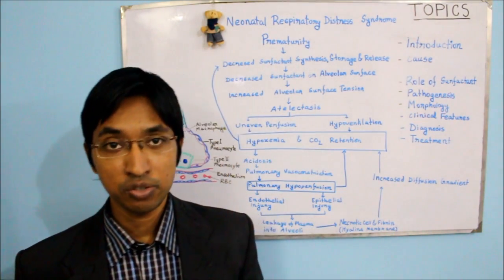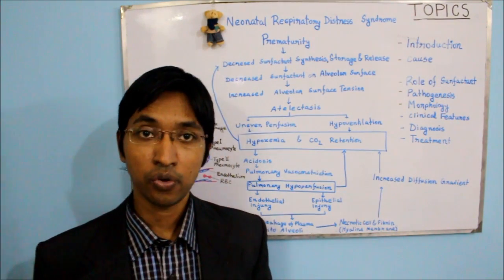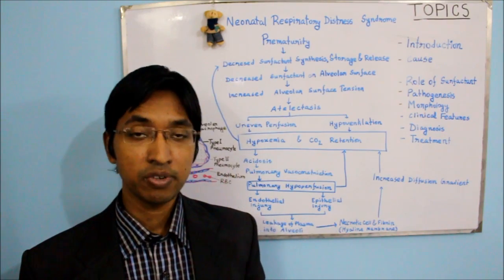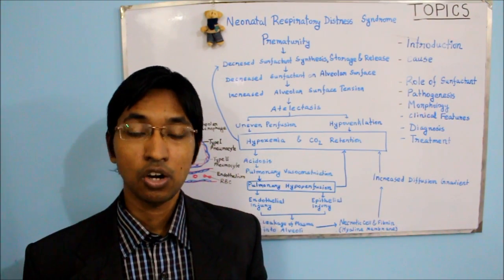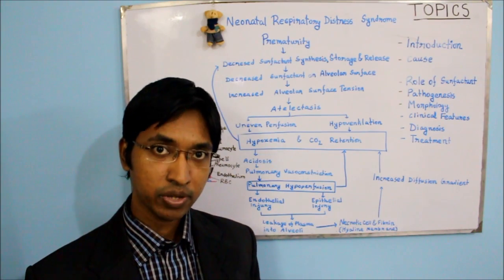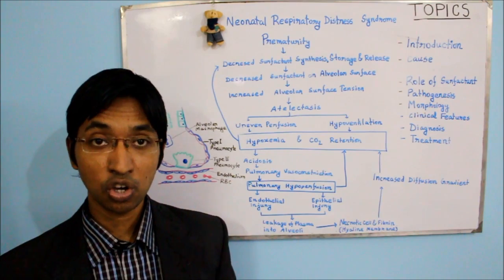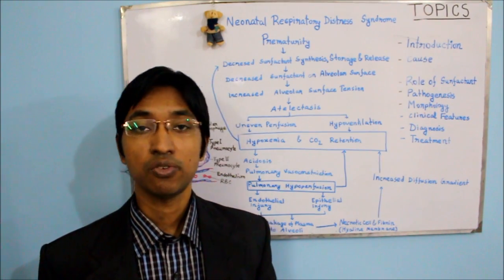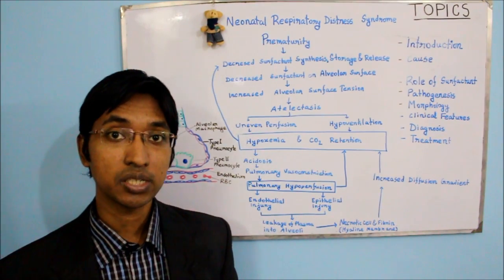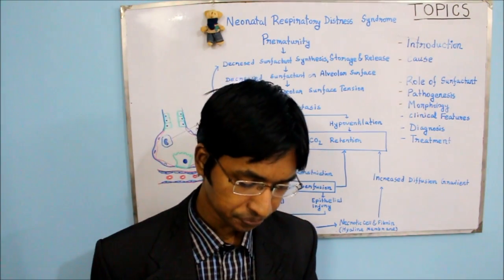A lot of preventive measures are now also available. For example, one preventive measure is administering tocolytics or medications that can prevent preterm labor, and antenatal glucocorticoid therapy can also be started to increase the level of surfactant in the fetal lungs before birth.